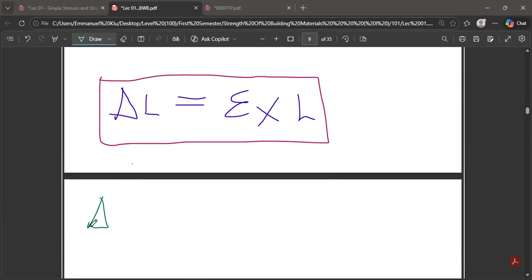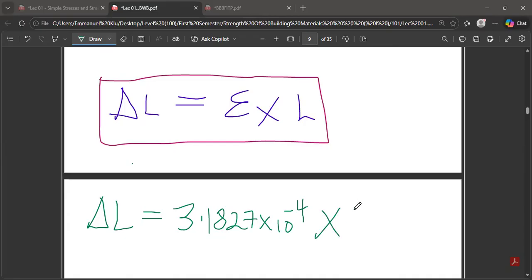So our change in length, displacement, extension, or elongation is now equal to the strain. What is the answer we had for the strain? We had 3.1827 times 10 to the negative 4, okay, times the length 1500 millimeters.